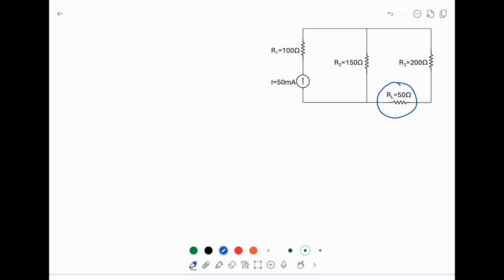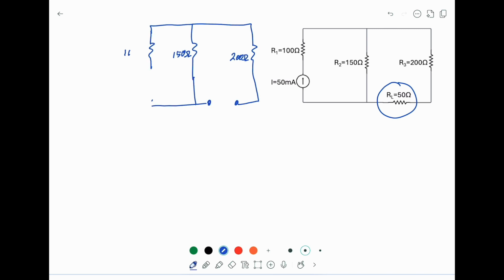So I'm going to redraw the circuit like this. Now you can see one end of R1 is not connected to anything. So we can technically remove R1. And I'm going to redraw the circuit and make it clear again.